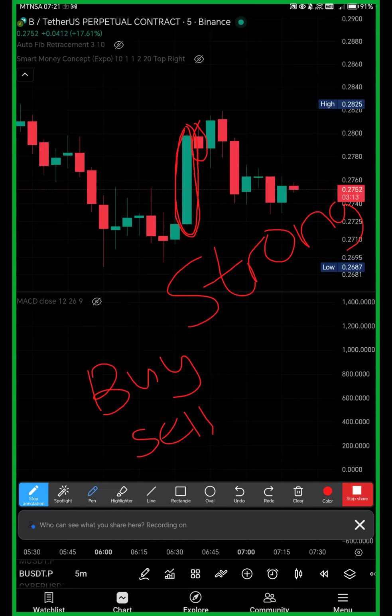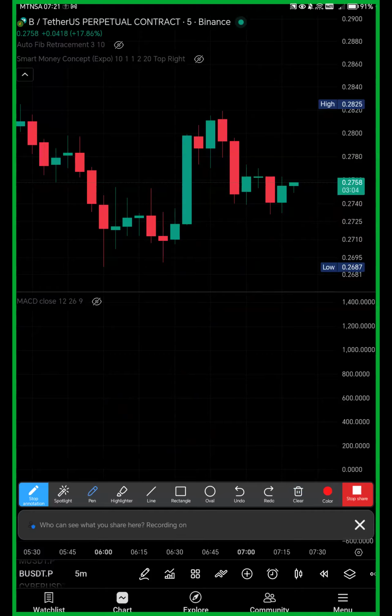Was it strong pressure? Was it low pressure? We are talking about strong pressure here, and this pressure can be of buyers or of sellers. So we are establishing that there is a message behind every body of a candle.